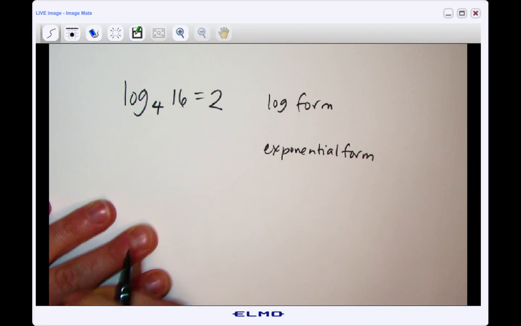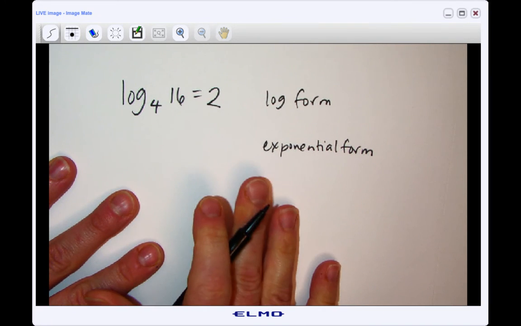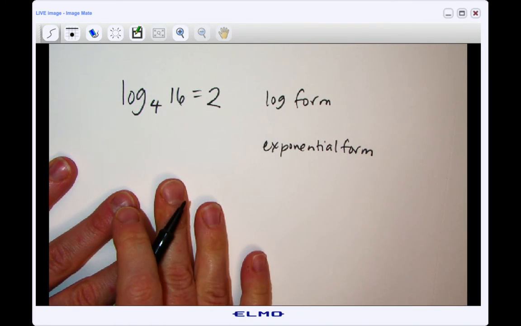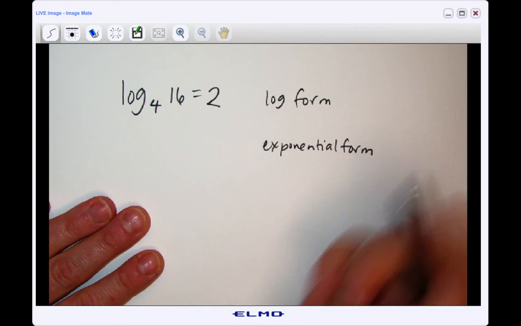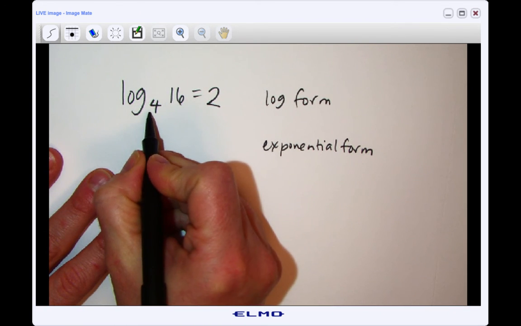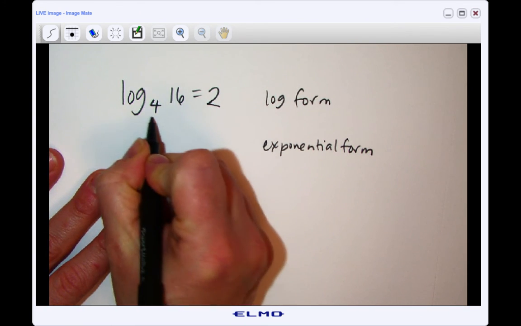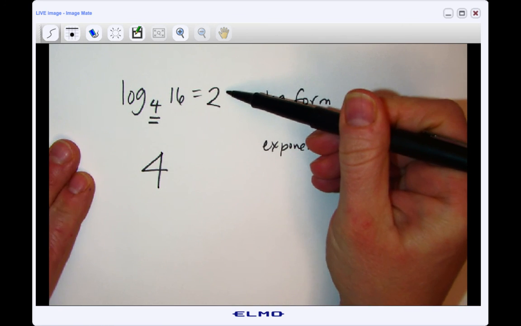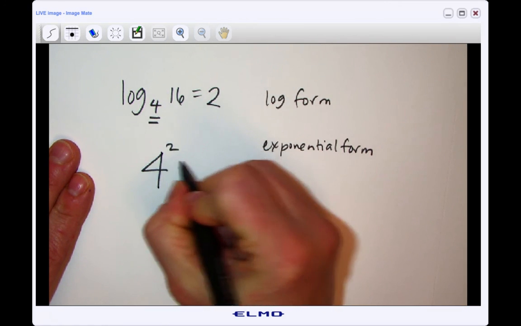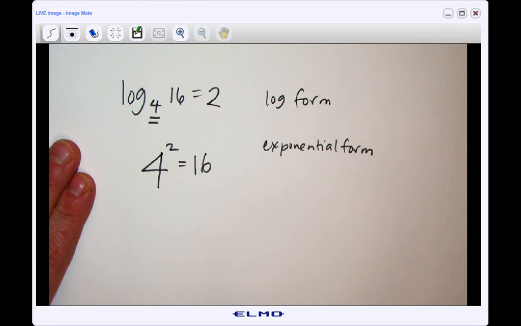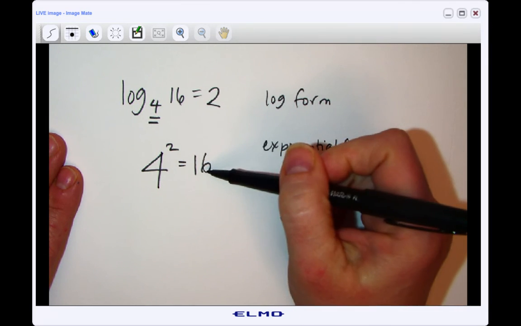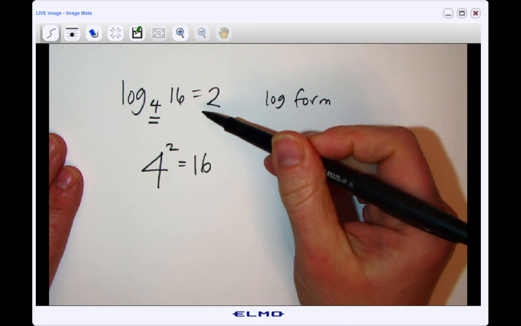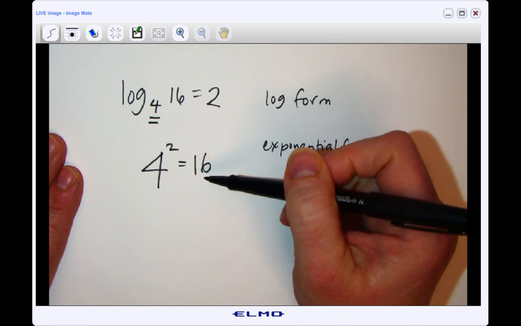If I'm going to rewrite this in exponential form, we want to read it out loud. Log base 4 of 16 is equal to 2. So the base is 4. The logarithm is always equal to the value of the exponent, and 16 is the result. So this is converting from log form to exponential form. So we took this log and we rewrote it like an exponent.